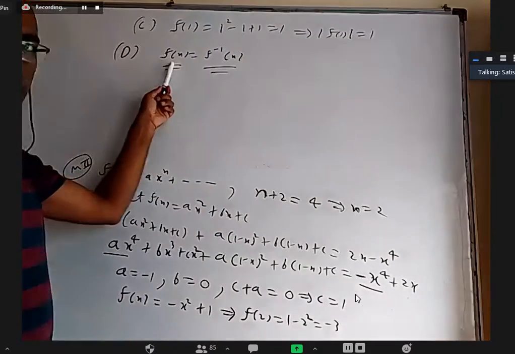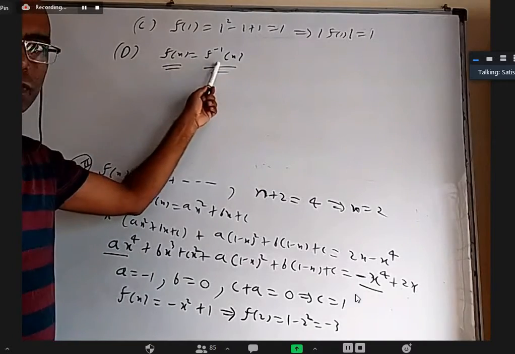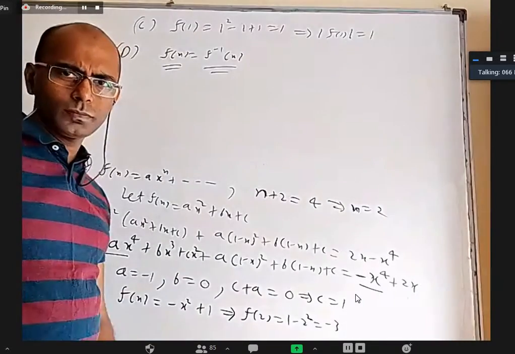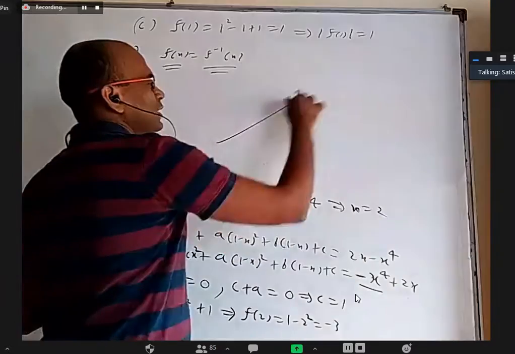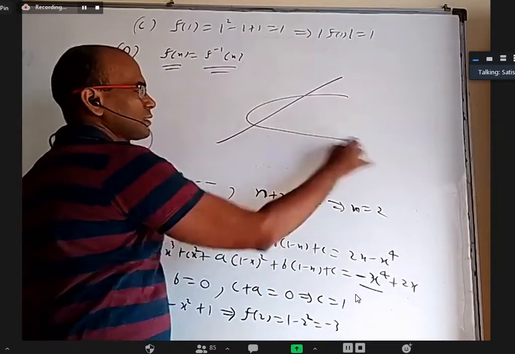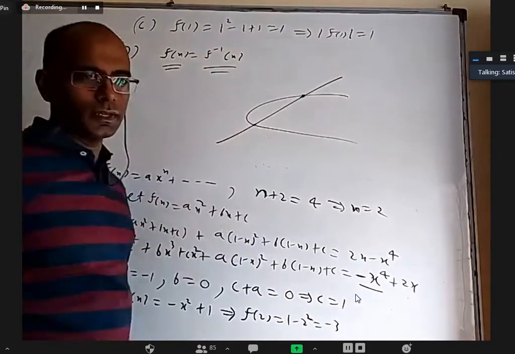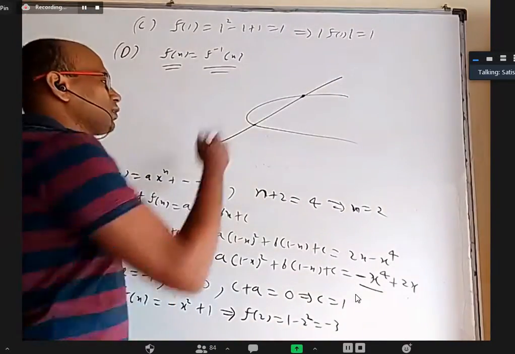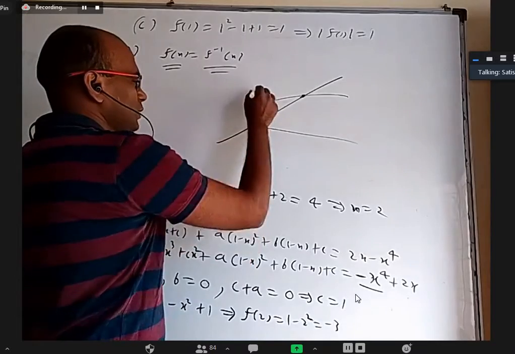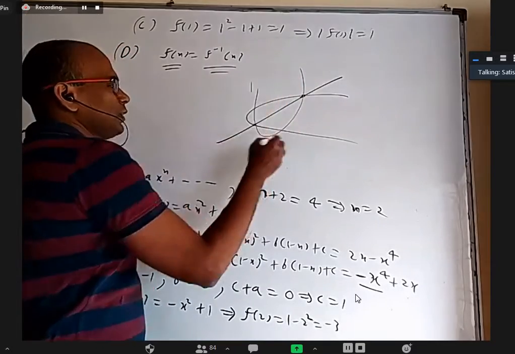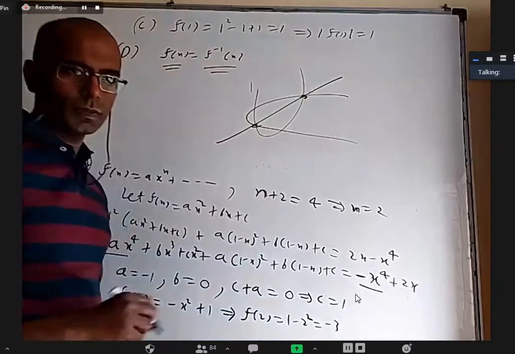Wherever this meets the y equal to x line, should this also meet the y equal to x line there? Yes, sir. Let's say I have the y equal to x line and one graph is like this. When I find the mirror image, these 2 points don't change, no? They will be there only. So your f inverse x, whatever the graph is, maybe like this or something. That should pass through these two.